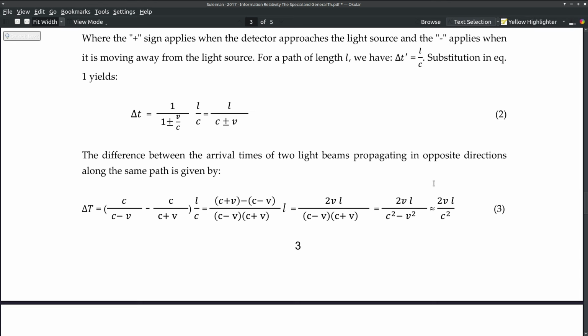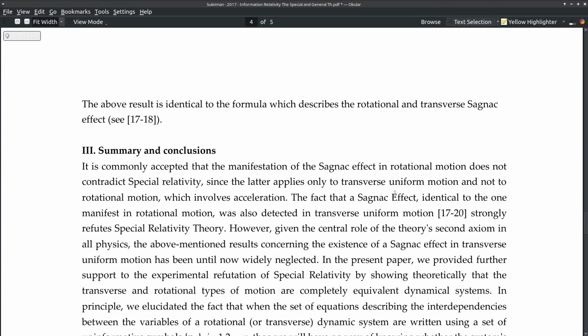That equals c plus v minus c minus v over c minus v times c plus v times L, which equals 2vL over c minus v times c plus v, and that equals 2vL over c squared minus v squared, which is approximately equal to 2vL over c squared. The above result is identical to the formula which describes the rotational and transverse Sagnac effect.